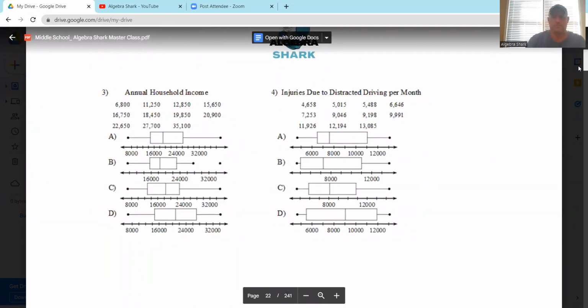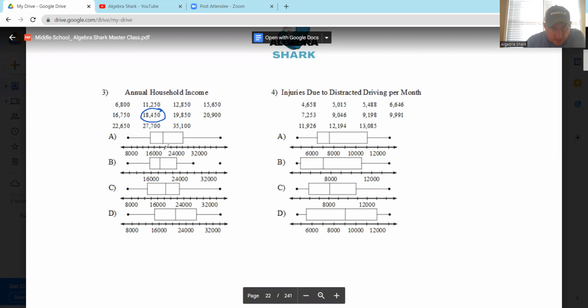So for 3 and 4, they put them in order for us again. Yep, it looks like it. So this time we got 11 numbers. So finding the middle is going to be easy with an 11 number set. So we just go 6. 1, 2, 3, 4, 5, 6. So this would be our median.